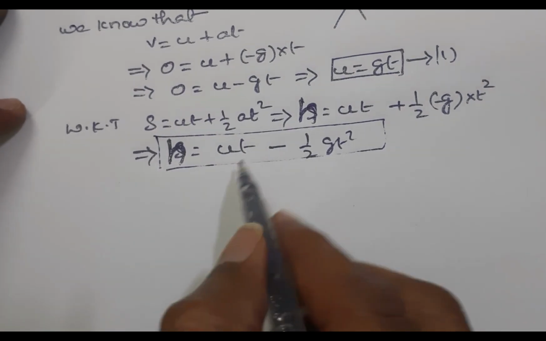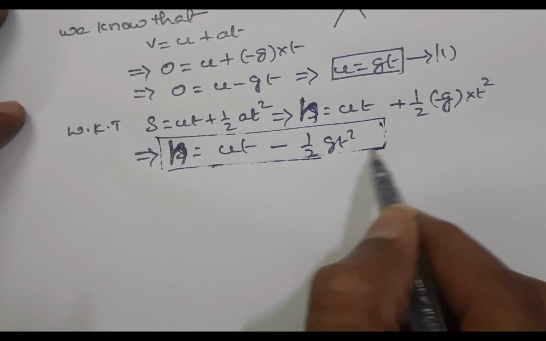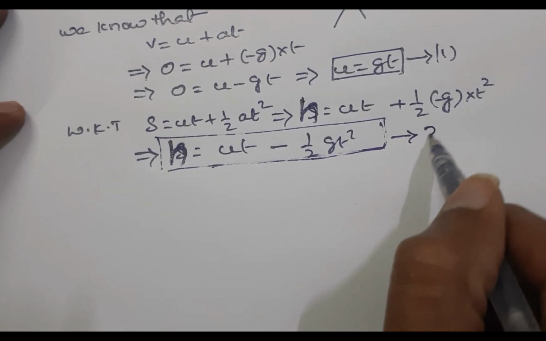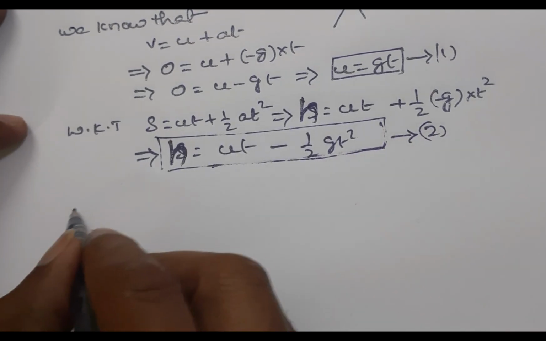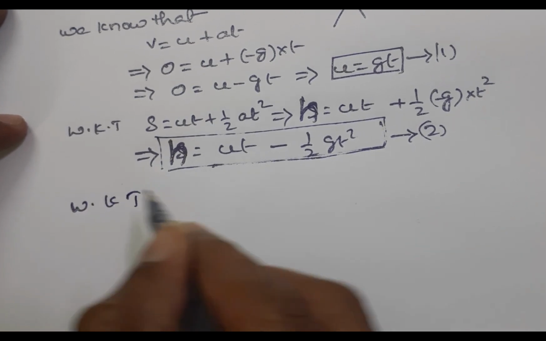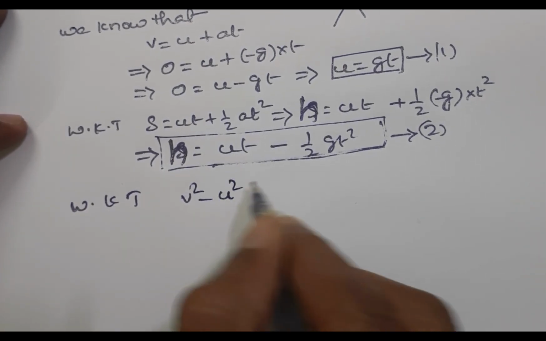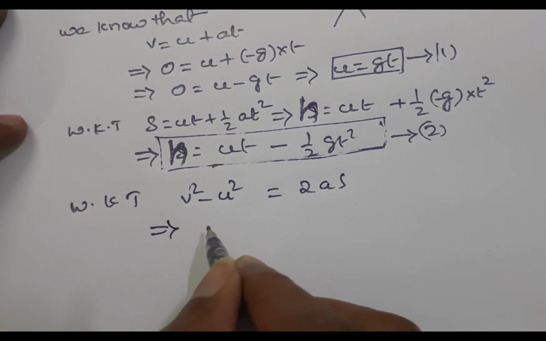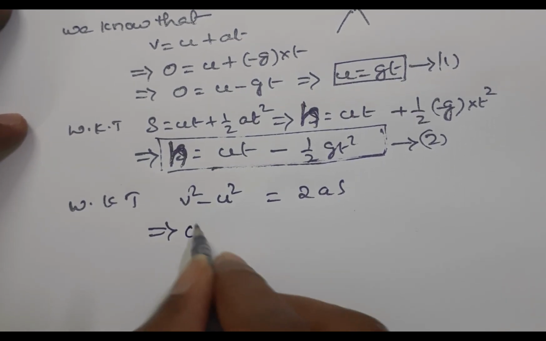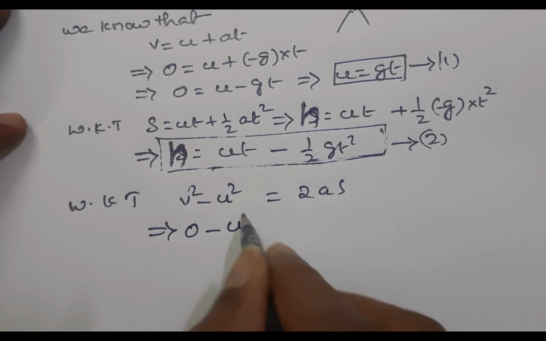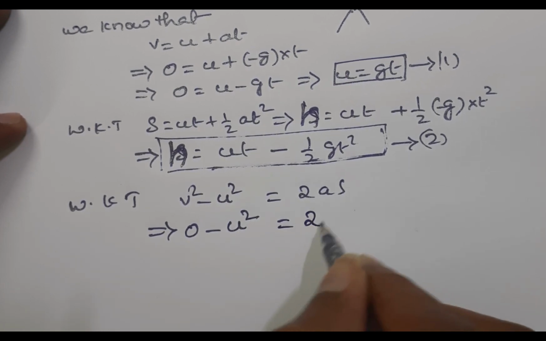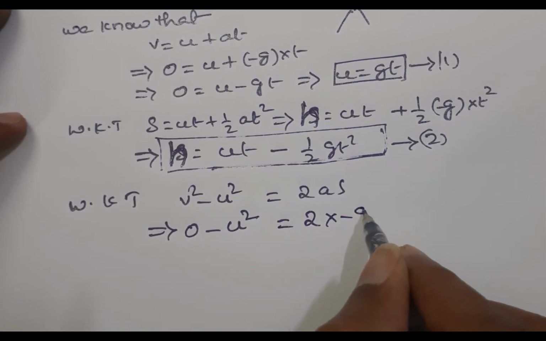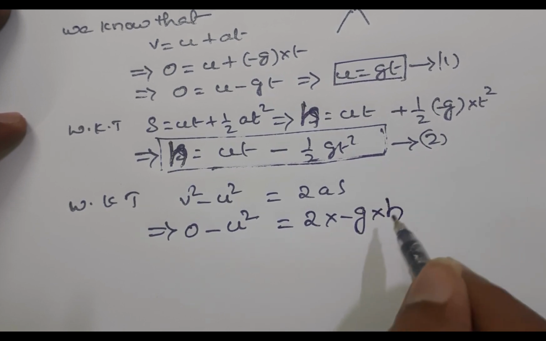And the third equation of motion, what is it? We know that v square minus u square is equal to 2as. So this implies v is 0 here, 0 square is 0, 0 minus u square is equal to 2 into a, which is minus g, s is h.